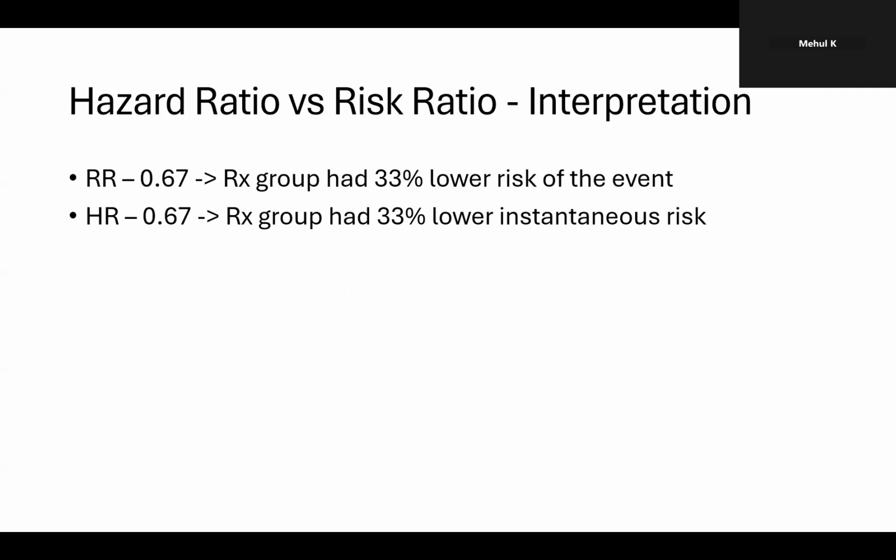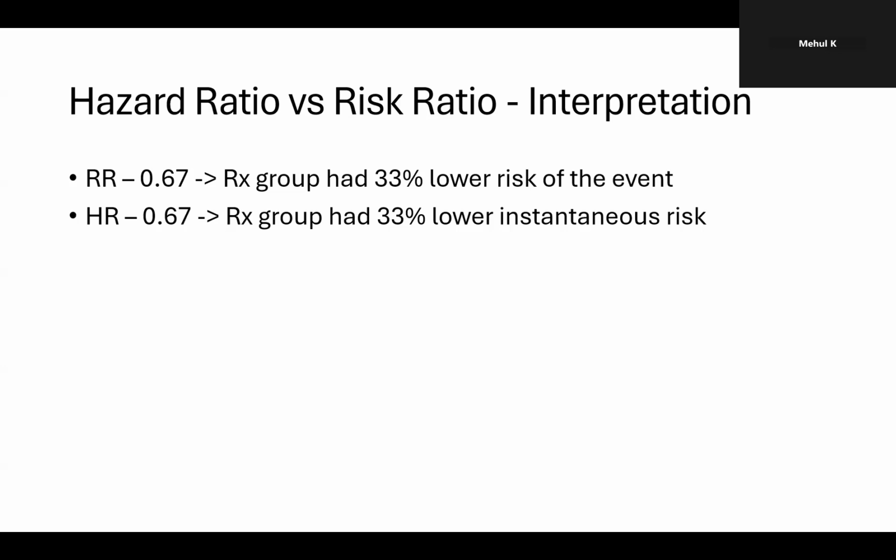Whereas if I'm looking at a hazard ratio of 0.67, I can say in the next unit of time, say it's 1 day, say it's 2 days, whatever it is, a patient in the treatment arm has a 67% risk as compared to 100% risk of the other person. Or in other words, a 33% lower risk of an event occurring in the next unit of time as compared to a patient in the control arm.